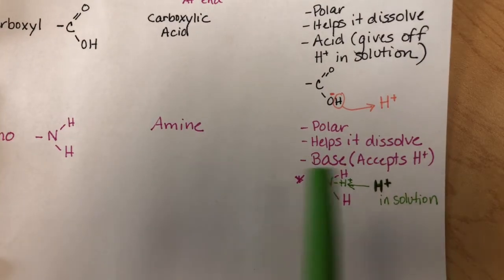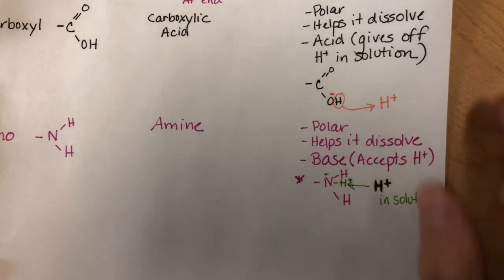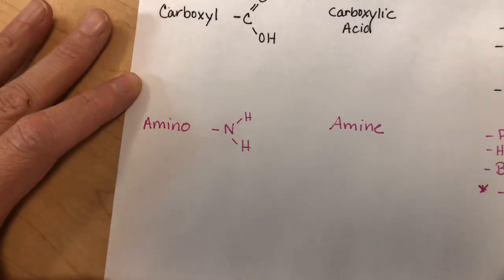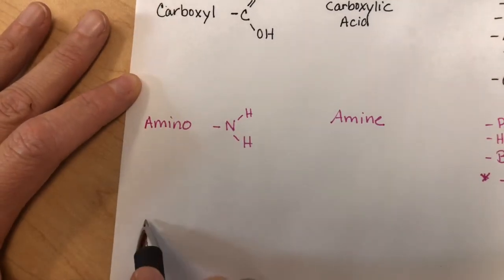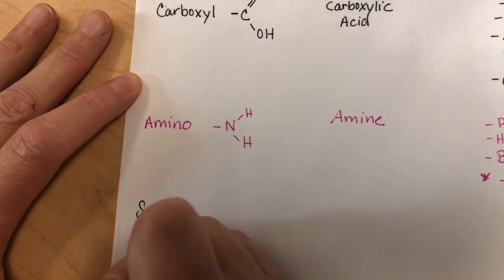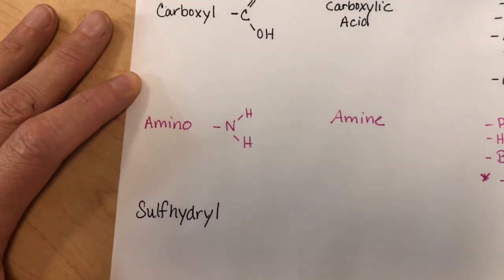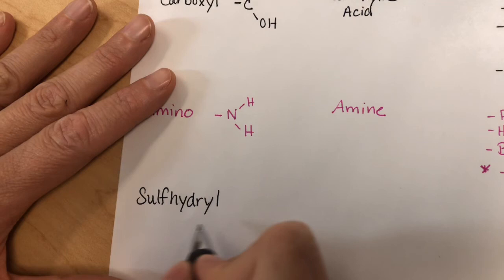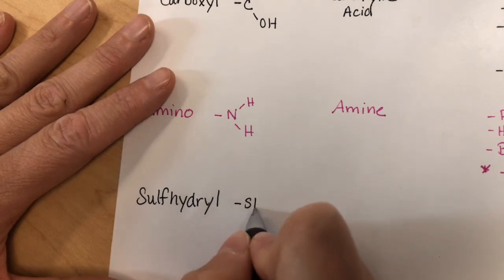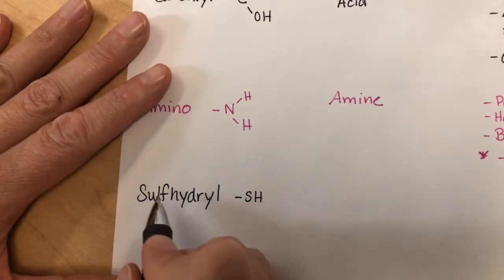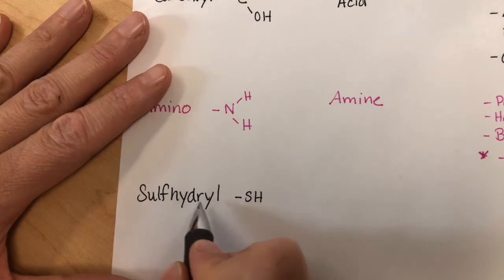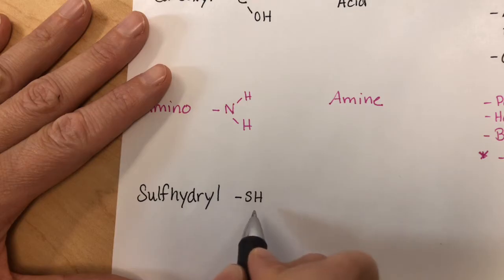All right, so that is your amino group. Let's go back to the black color. All right, and under amino, we're going to write sulfhydryl. Sulfhydryl. All right, this looks like an SH. So that's the sulfur, and hydro is the hydrogen.